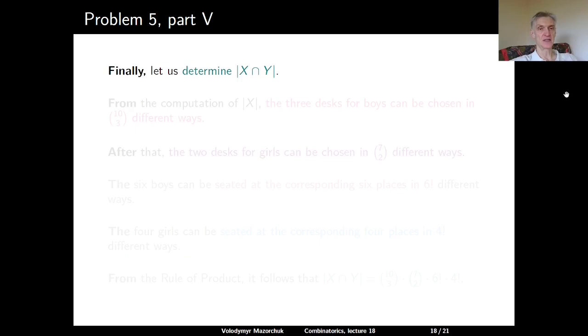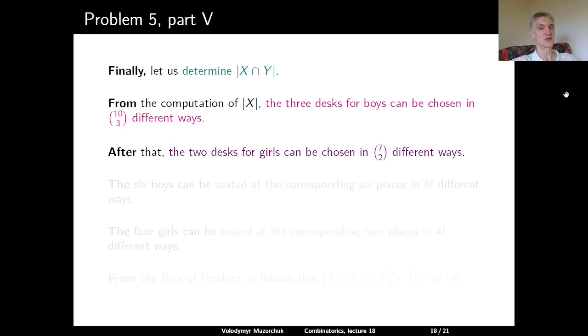And finally, let us determine the cardinality of X intersection with Y. From the computation of the cardinality of X, the 3 desks for boys can be chosen in 10 choose 3 different ways. After that, the 2 desks for girls can be chosen in 7 choose 2 different ways.